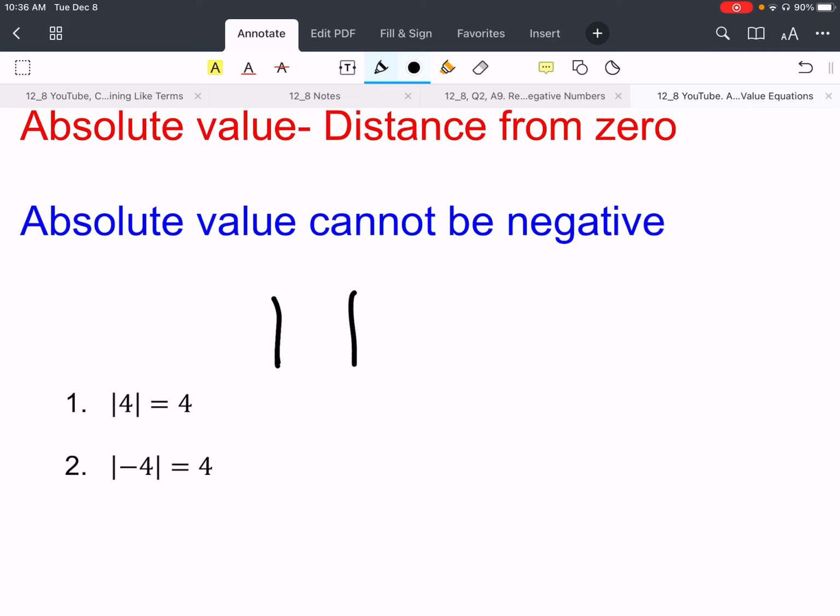So for number one, the absolute value of 4 is just 4, because that means it's 4 units away from 0. But if we have on number 2 the absolute value of negative 4, so if we're at negative 4 on the number line, that still means we are 4 units from 0. So the positive and negative version of the absolute value comes out as a positive.